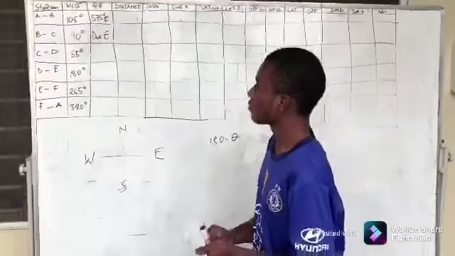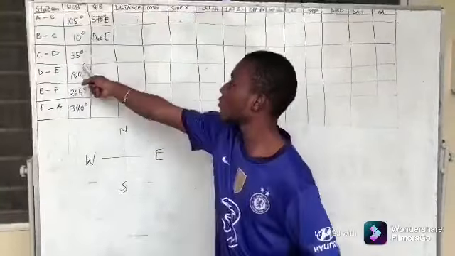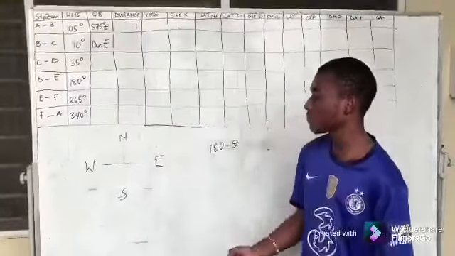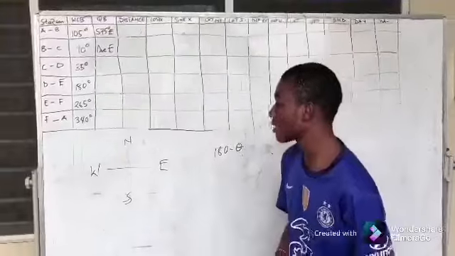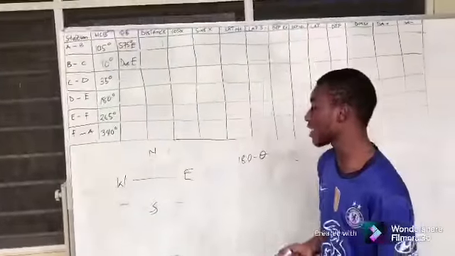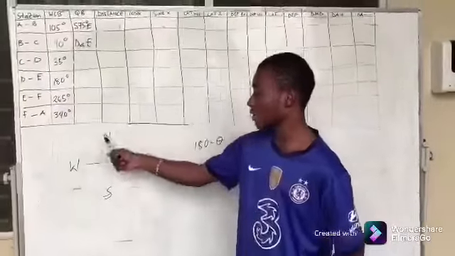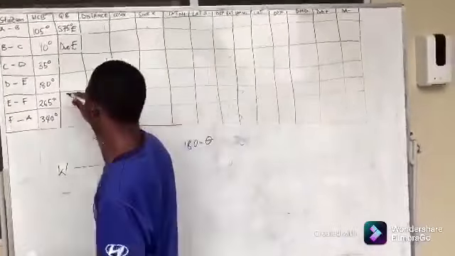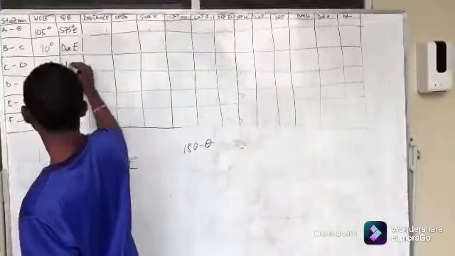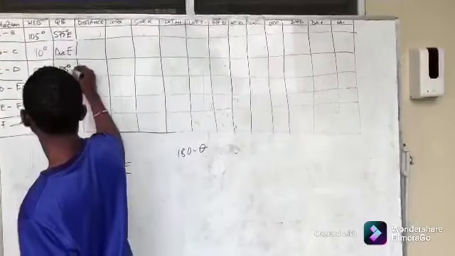Then this one, the whole circle bearing is 35. So where is 35? 35 is less than 90, so that means it's at the first quadrant, and the position of 35 is northeast. North 35 degrees east.